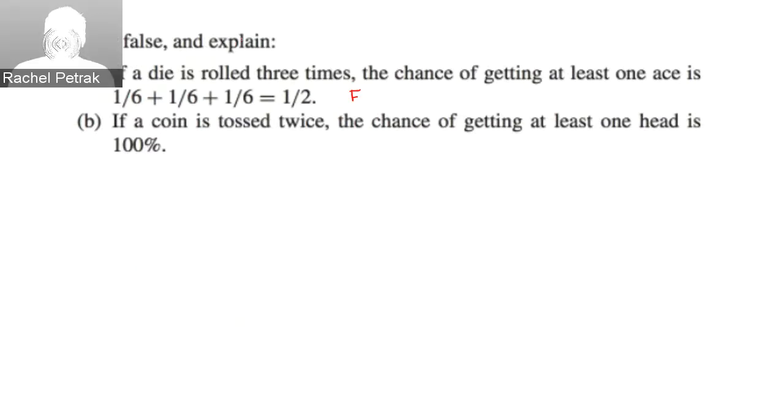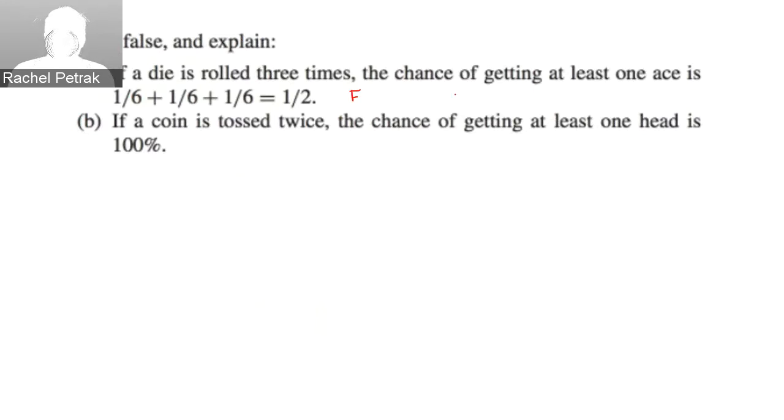Next, let's consider if a coin is tossed twice, the chance of getting at least one head is 100%. This should lead to alarm bells as well, because remember, every toss of the coin is an independent event.